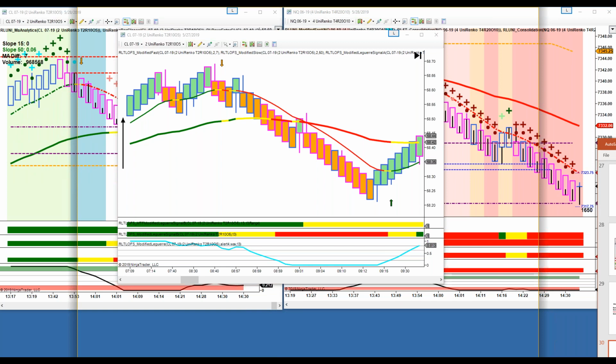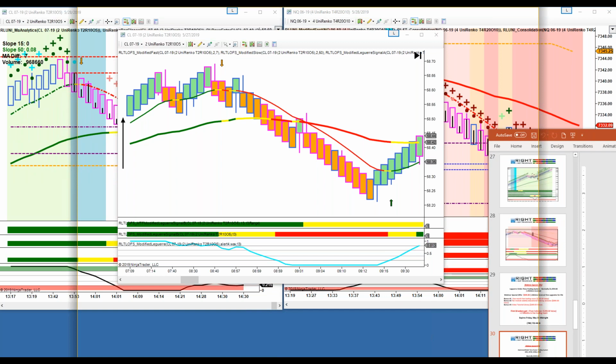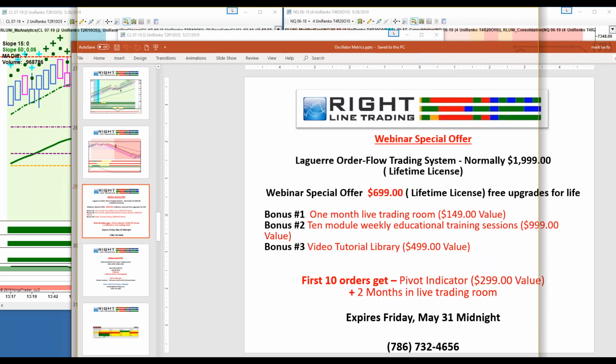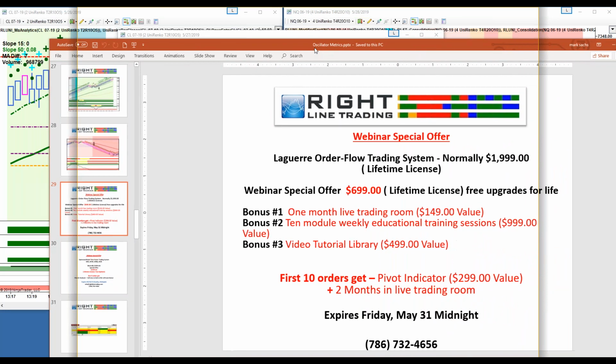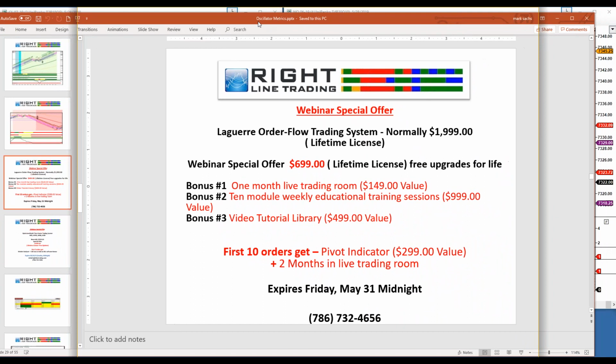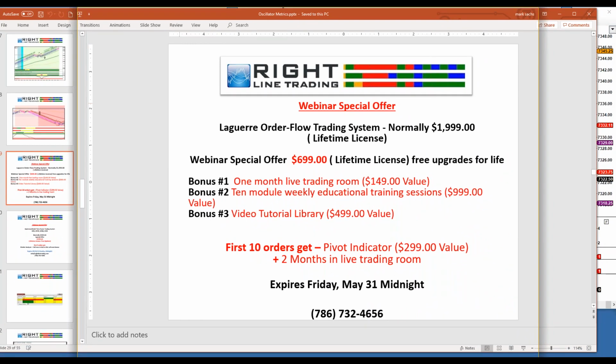Now I want to make it clear. This is time frame independent and it's instrument independent. It doesn't matter whether you're trading stocks, futures, or Forex. These forces are universal forces. You can trade a 3-minute, a 1-hour bar, a 4-hour bar, a daily bar.